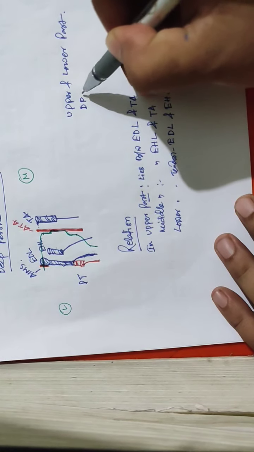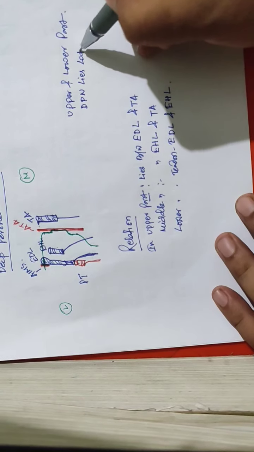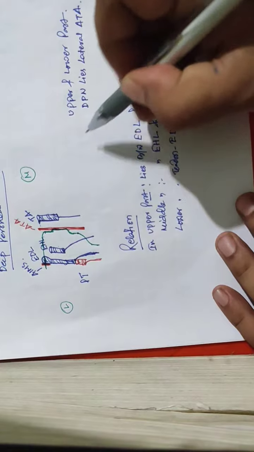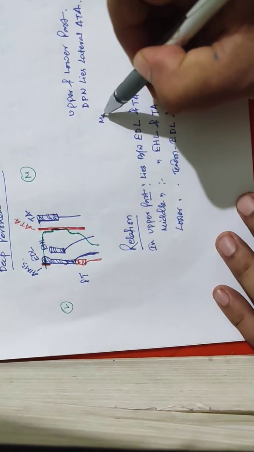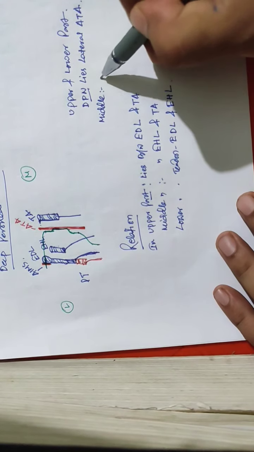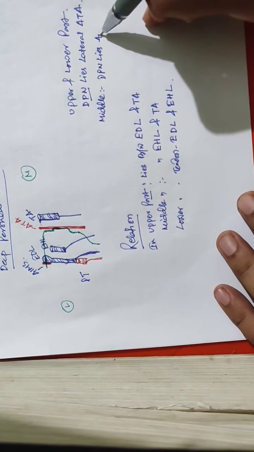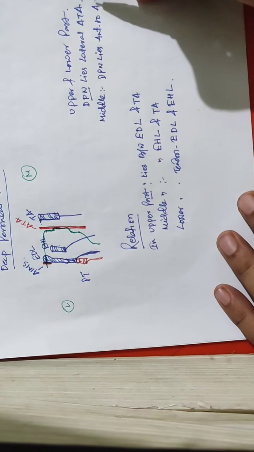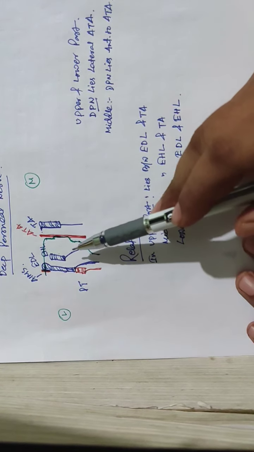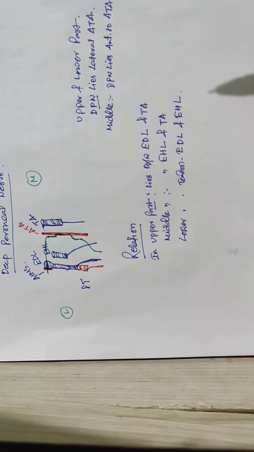And in the middle part, the deep peroneal nerve lies anterior to the anterior tibial artery. These are the relations of the deep peroneal nerve.